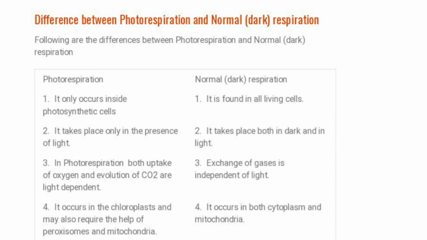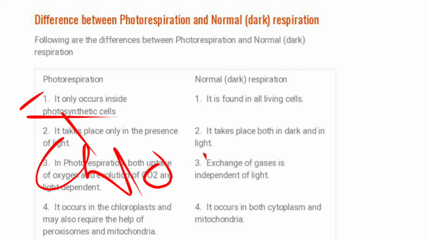Here you can see the first line, photorespiration only occurs inside photosynthetic cells. Clear? You know what is the photosynthetic cell here in photorespiration? Chloroplast. Chloroplast is the photosynthetic cell. So it starts in the chloroplast, that is photosynthetic cell. Always photorespiration starts there. Clear?